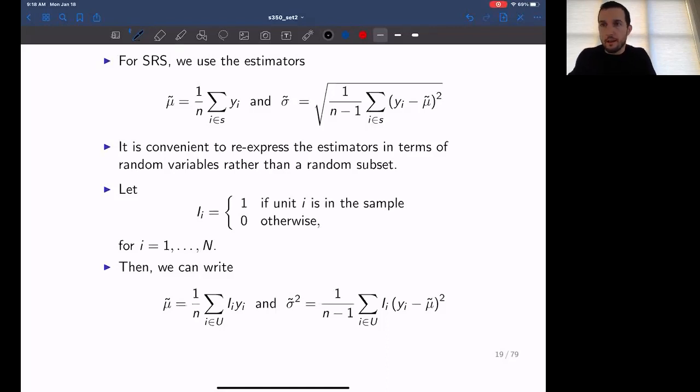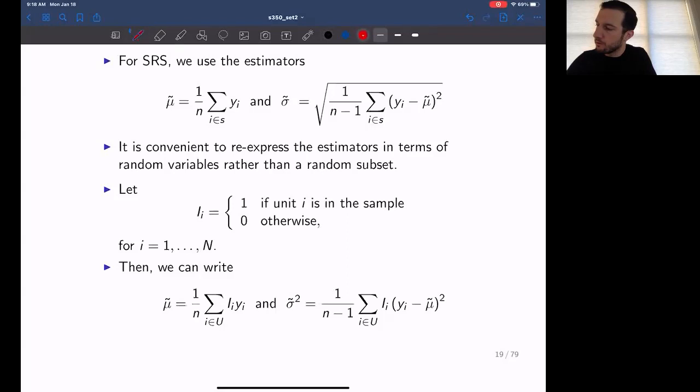So using the indicator variable, we can then write our estimators as mu tilde is equal to 1 over little n multiplied by the sum across every observation in the frame of capital I subscript i times y i. Right?